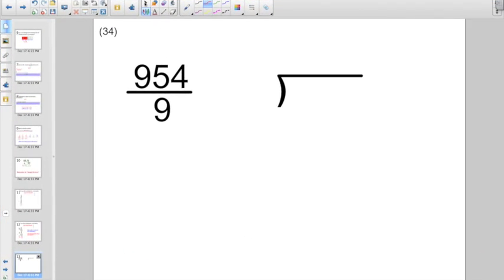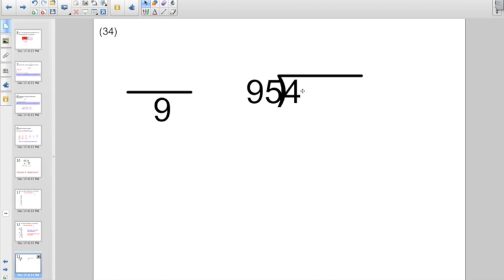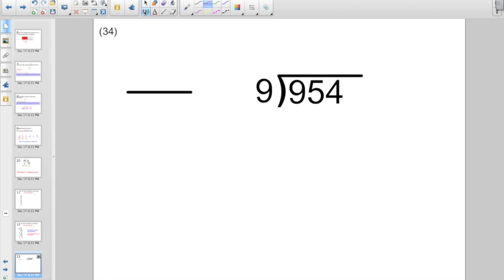So let's check out this guy. Been a while since we had one set up in what's called the division bar. It is a divide problem though. 954, that's going to be your number inside the box. 9 is going to be the number we're dividing by. I'm seeing lots of people, especially when we just started two-digit dividing, not doing this step.